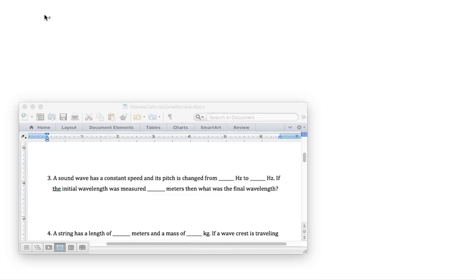So we'll say that the initial pitch, and remember pitch is the same as frequency, changes from 5 hertz, and we're going to say it changes to, let's say, 15 hertz.